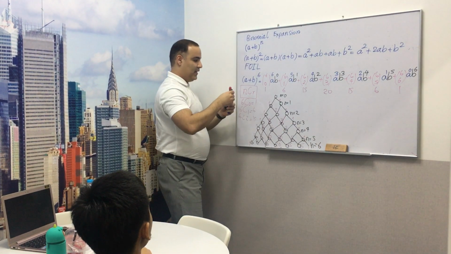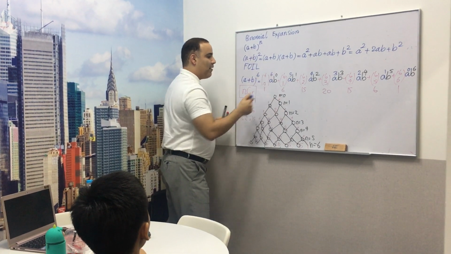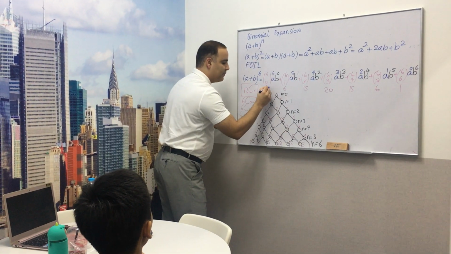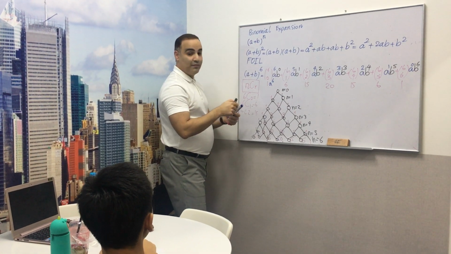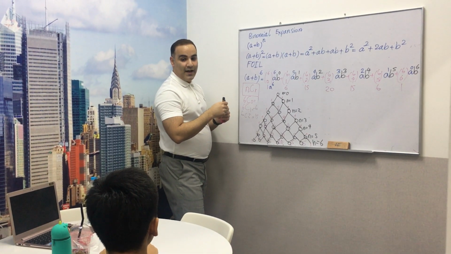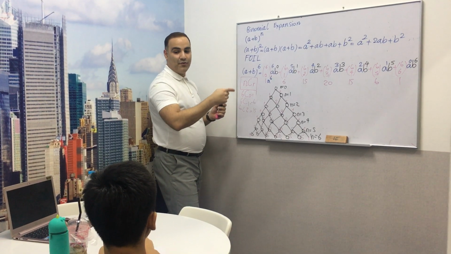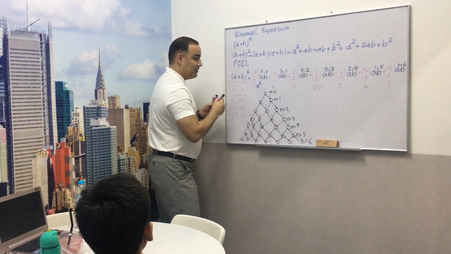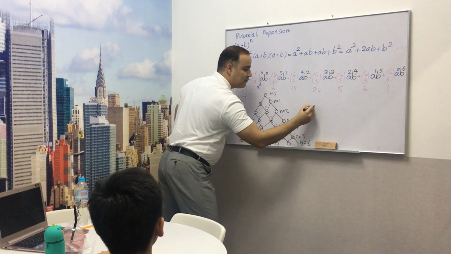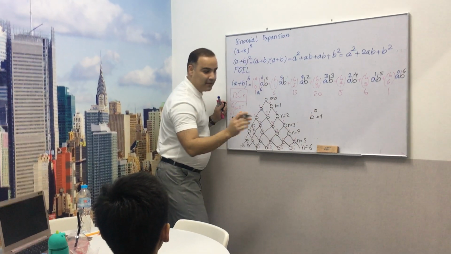Very good. Now, what is A to the power of 6? A to the power of 6. B to the power of 0? A non-zero number to the power of 0 is 1. Really? Yes. B to the power of 0 equals 1. Why?